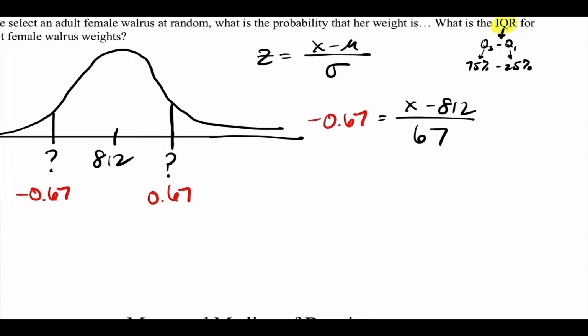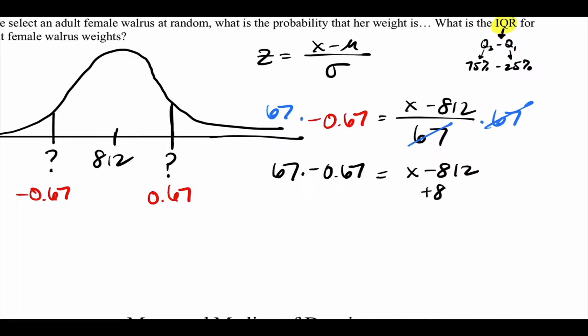To get x by itself, we have to do the opposite. So multiply both sides by 67, then add 812.